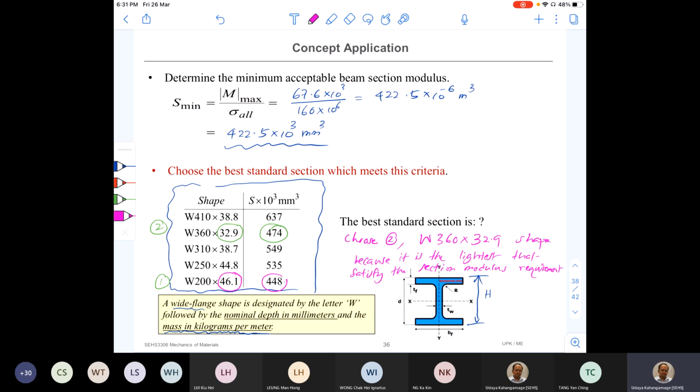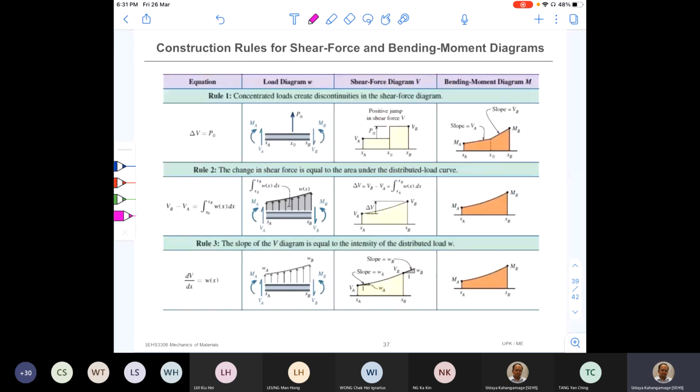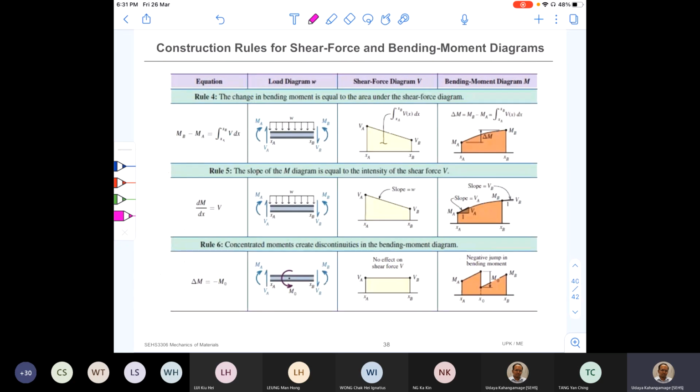Okay, so just to summarize what we have learned, in fact, in the industry, people use some construction rules. The rules are related to what we have learned about the relationship between the loads, shear force, and bending moment. I hope that you can understand this chart by yourself, and the second one also yourself, right?